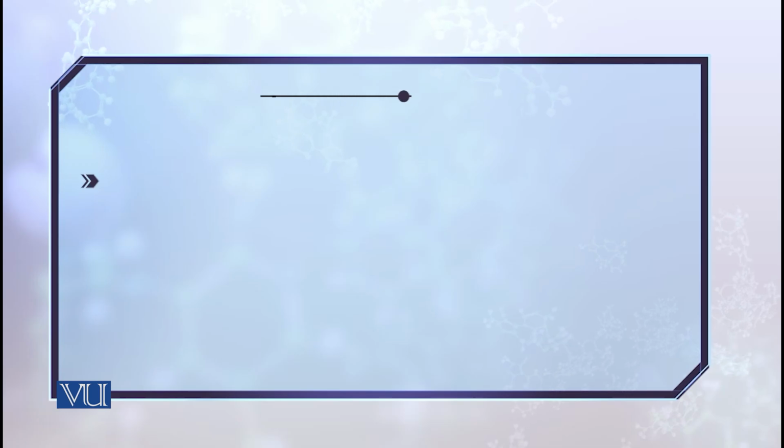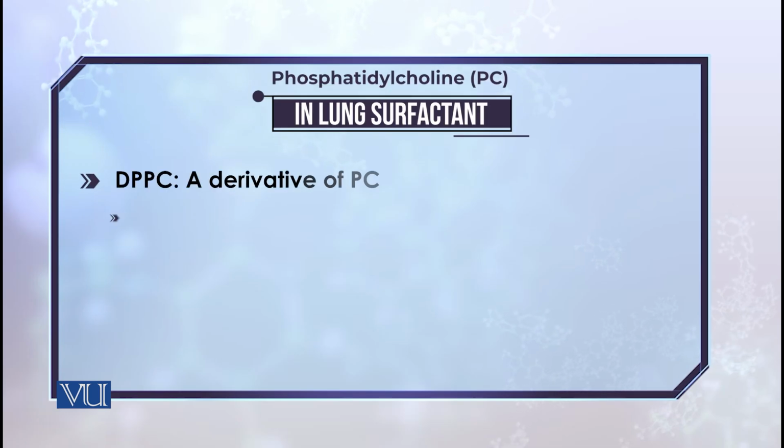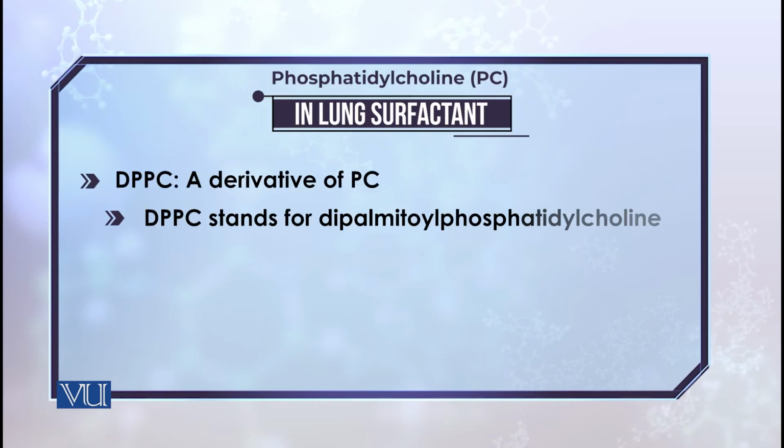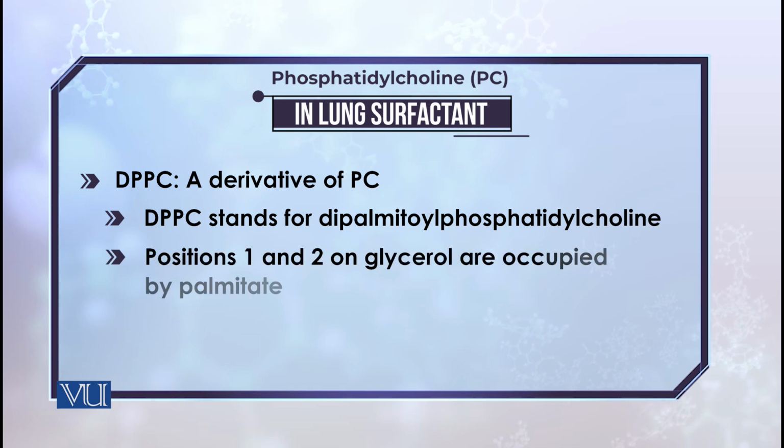Then finally, I have told you that phosphatidylcholine and some other phospholipids also act as surfactants, specifically in the lungs. What do surfactants do? They decrease the surface tension when the lung is undergoing different cycles of expansion and contraction.